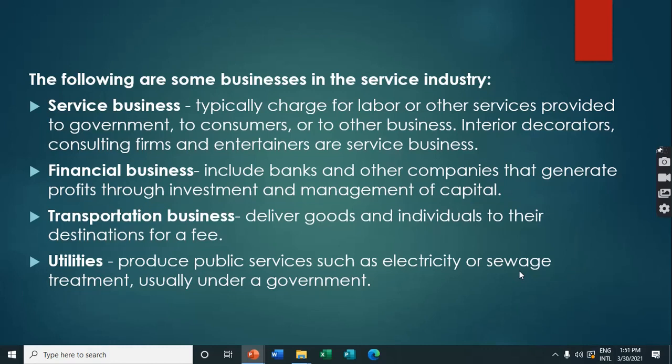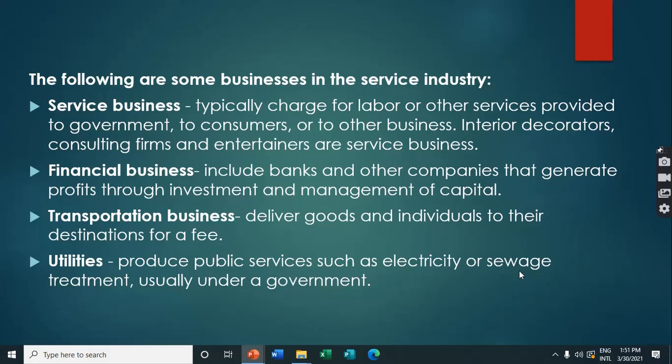Next, transportation businesses deliver goods and individuals to their destination for a fee. These are the ones we ride, or when we have bulk goods delivered. And then we also have the utilities business, which produces public services such as electricity or sewage treatment, usually under government services.